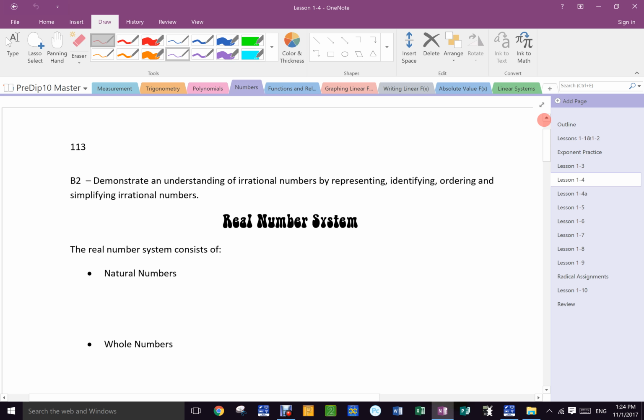The real number system is every single number we use to do 99% of the math we do. It covers everything. But just like anything that covers that much stuff, it's got categories that it's broken down into. The reason it's called the real number system is because there is an entirely separate number system called the imaginary number system, invented by mathematicians to explain things like negative square roots, because they don't exist in our number system.